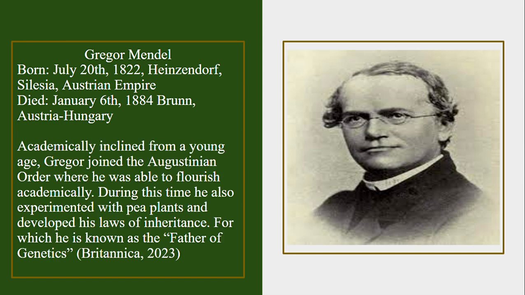He joined the Augustinian order, where he was able to flourish academically due to the time he had to devote to his studies. During his time in the order, he experimented extensively with pea plants, during which time he discovered his laws of inheritance. He is now known as the father of modern genetics.